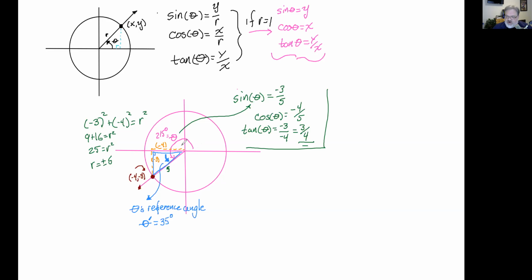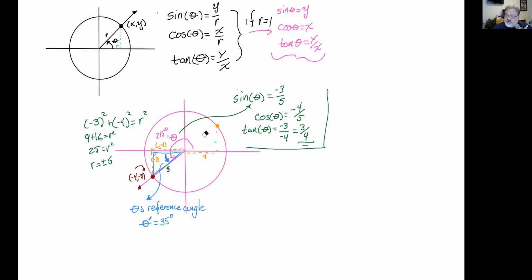So these ratios are the same as if you imagine that same angle, but up here with the 35 degrees. That length is still going to be 3. This length is still going to be 4. That radius is still 5. So we still have 3/5, 4/5, and 3/4. They're just positive instead of negative.